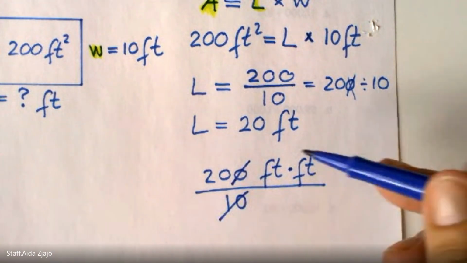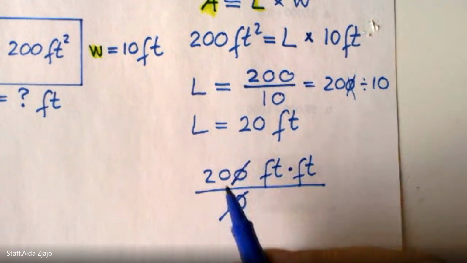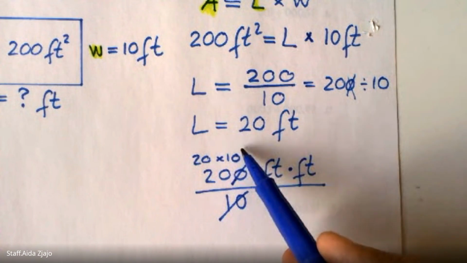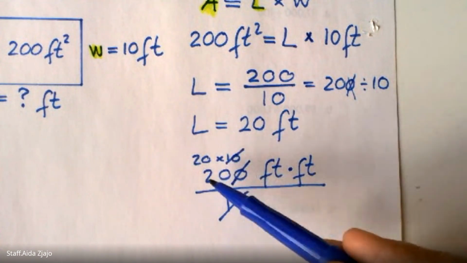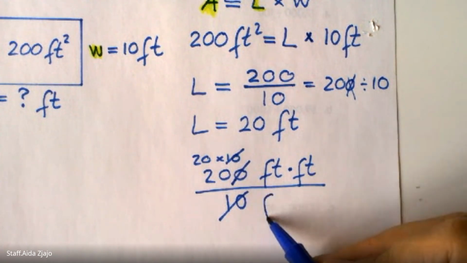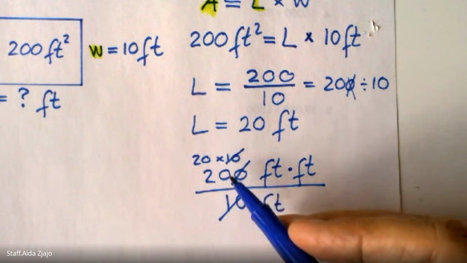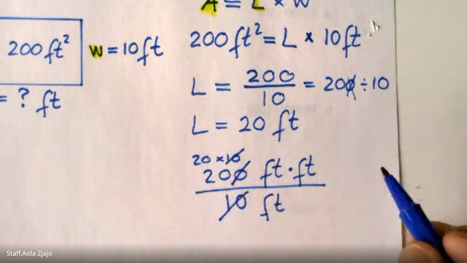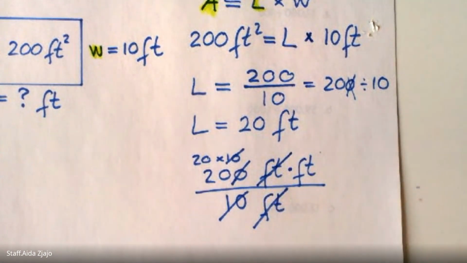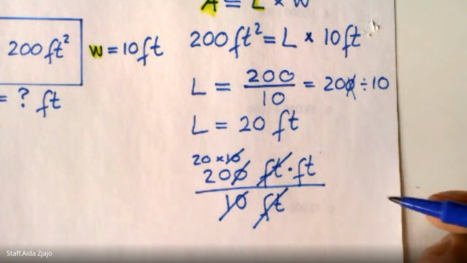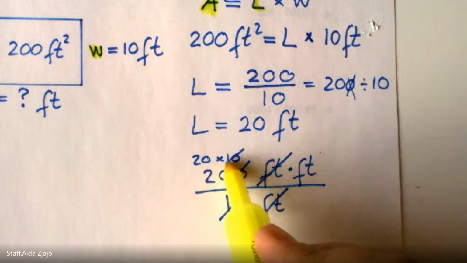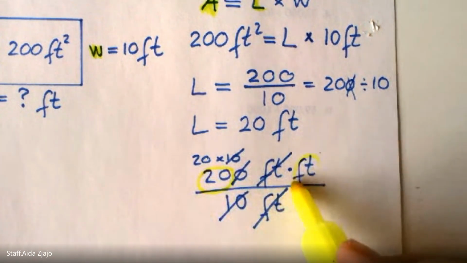So this is like 20 times 10. So the 10 and 10 get canceled, you have 20. But also this was 10 feet, square feet. So feet divided by feet is also going to cancel each other. So what is left in your answer is 20 feet.